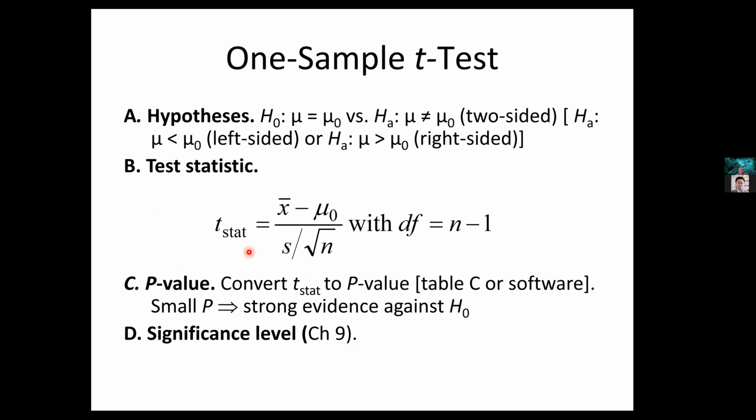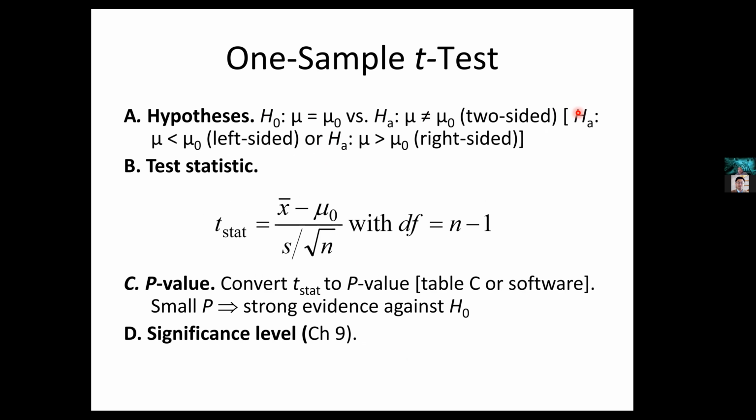Now, these are the equations you use for a one sample t-test. The level of significance: the main thing to take away from this is that your null hypothesis says the means are equal, or the alternate, they're not equal.